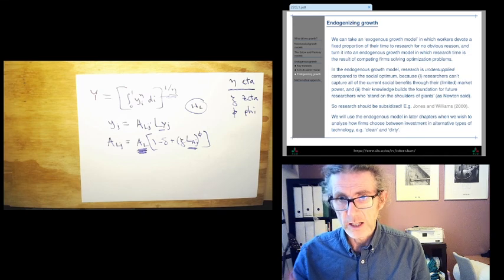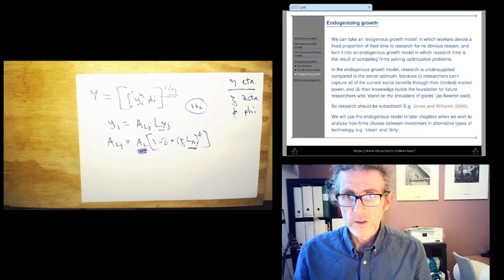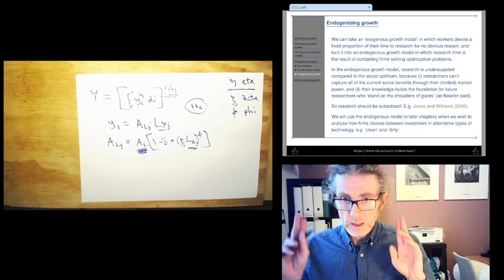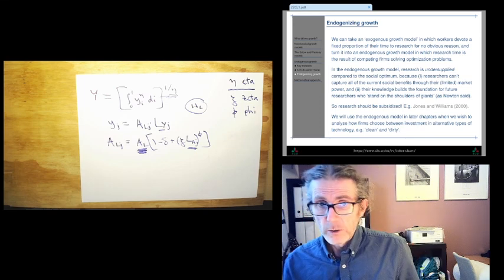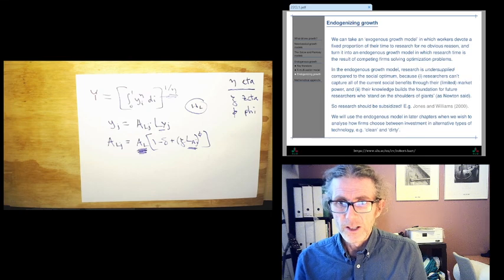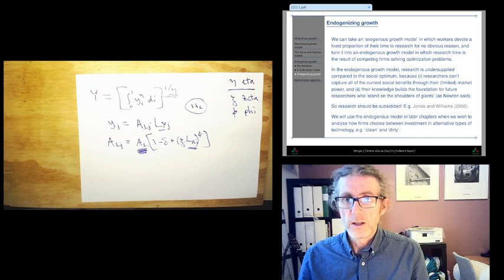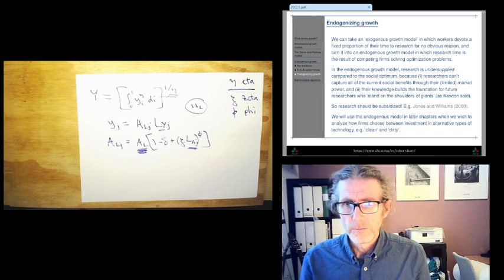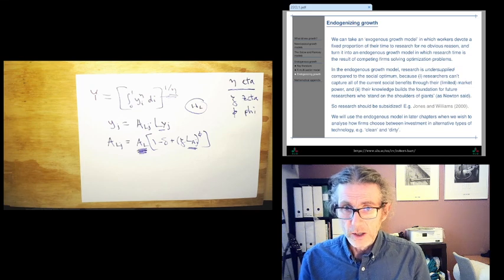And secondly, the knowledge created by a given researcher builds the foundation for future researchers who stand on their shoulders. So for both of these reasons, research should be subsidized, because otherwise in a free market economy there'll be too little research. So that is the key conclusion from endogenous growth theory.